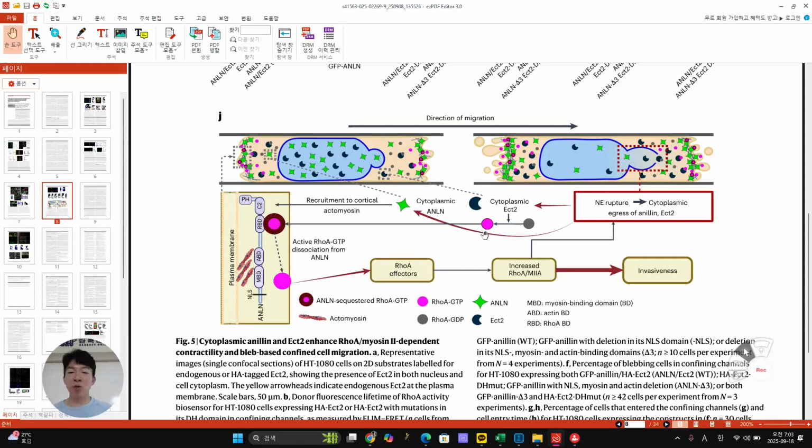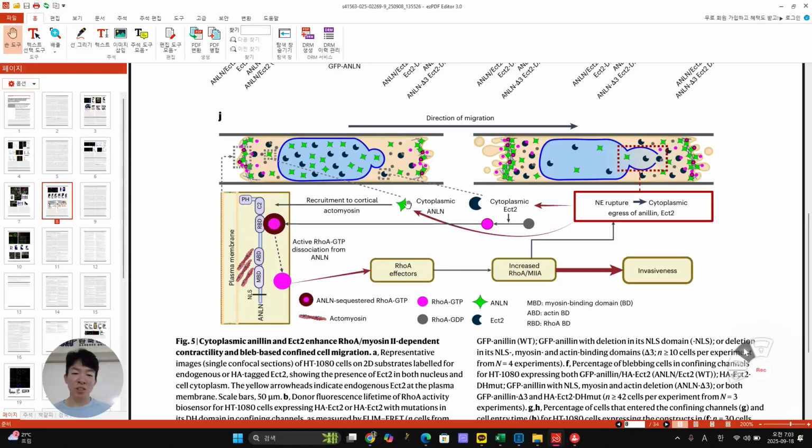Before RhoA GTP is generated, it starts as RhoA GDP. The transition from GDP to GTP comes from Actin 2. And then this RhoA GTP is sequestered by anillin.